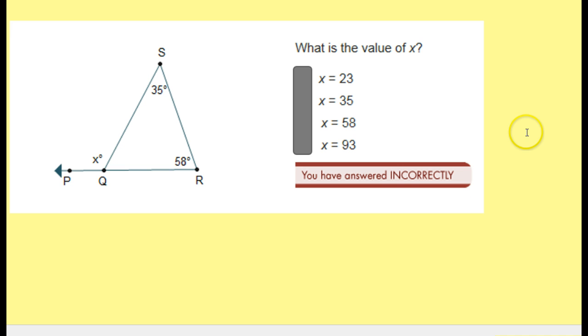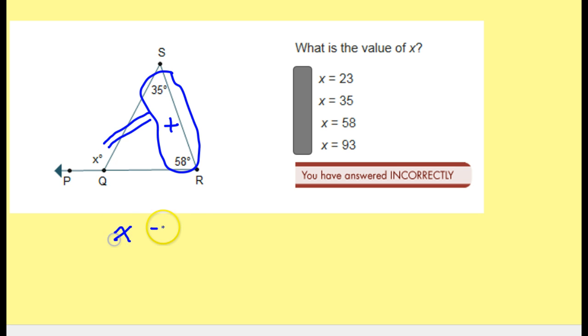Now, what is the value of x? Once again, we have an exterior angle and we have the two remote interior angles. We have now learned that the sum of these two should always equal this one.